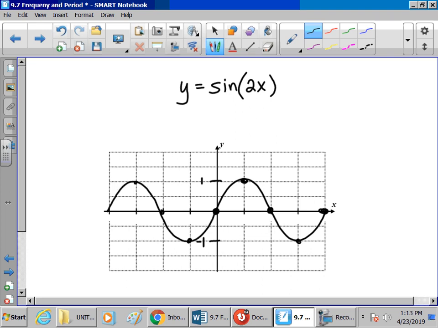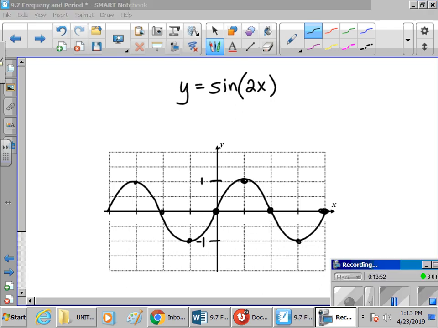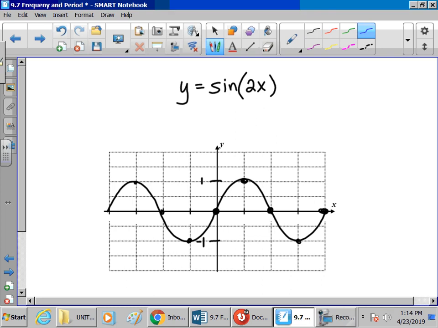I went to 2, but I just changed my units on my y-axis to make it a little bit bigger. All right, so that's what this looks like. Now, normally in y equals sine x, this would be 0, this would be pi, and this would be 2 pi.